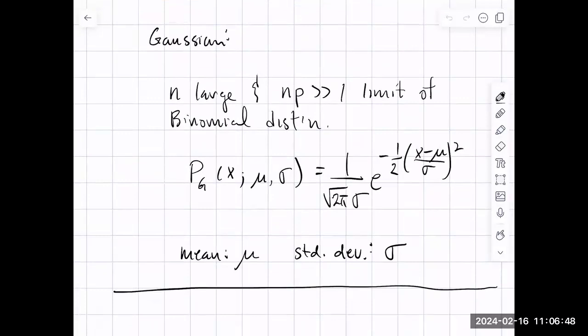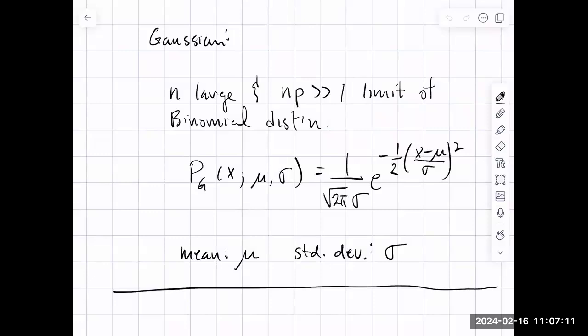And really, the binomial distribution is asymmetric when x, the number of successes, is close to 0. So what we're really doing here by saying the number of successes is large is we're moving that away from x equals 0, which leads to a symmetric distribution.